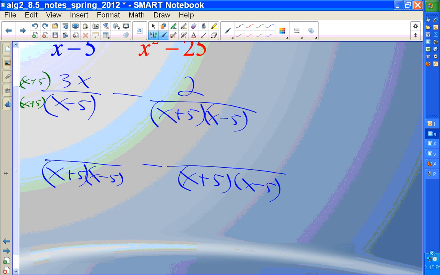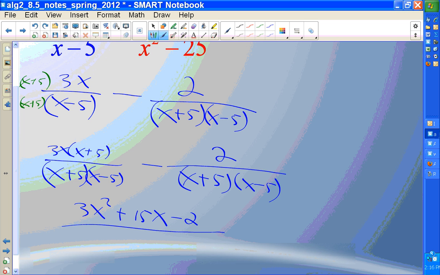And again, this stuff in green up here, show it, don't show it, I don't care. That's going to give you 3x times x plus 5. What are we going to multiply this one by? Nothing. So that's going to stay 2. So this one's not going to be a big deal either. You're going to get 3x squared plus 15x minus 2 over x plus 5, x minus 5. And again, we still can't factor that numerator.